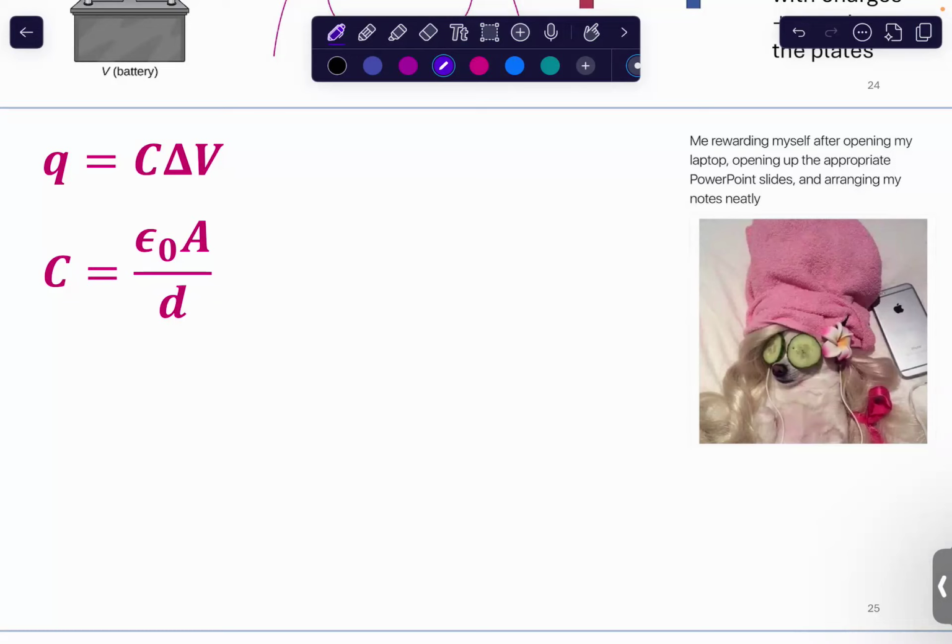So the first thing we want to remember is in last chapter, we talked about the electric field between the plates of a parallel plate capacitor, sigma over epsilon zero. C is capacitance, delta V is change in potential. And again, make sure you're keeping straight potential versus potential energy.